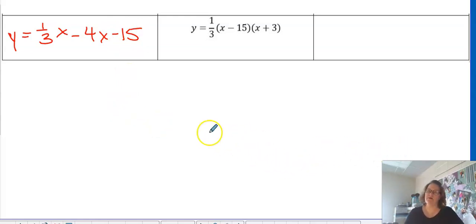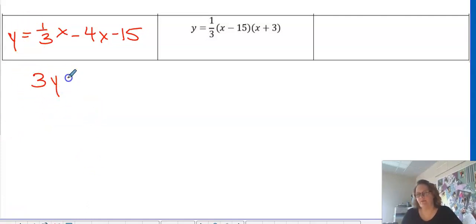Okay, let's see. Okay, so vertex form, let's go ahead and just multiply. Oh, not multiply, but take out the 1/3. Do I want to do that, or do I want to just multiply? Let's multiply both sides by 3.